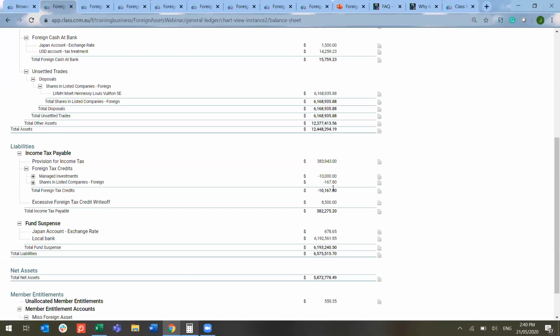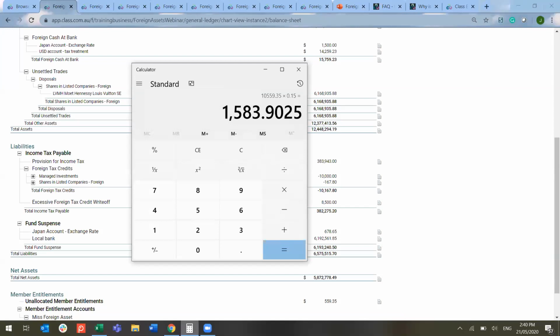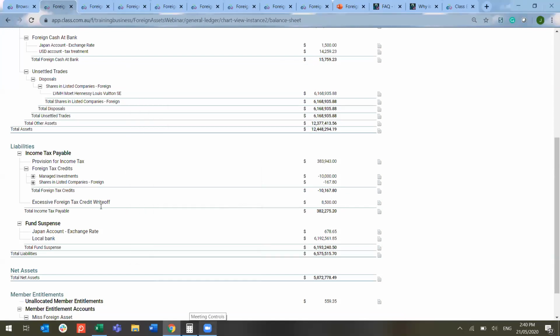It's just an offset to reduce my tax payable, and the ATO sets a threshold on it. So the only amount I can claim back is the 1,500 that we just calculated. Taking that away, we will have this excess foreign tax credits write-off showing up here.